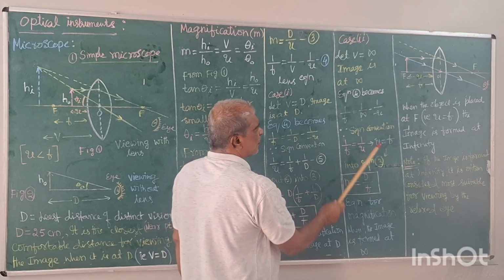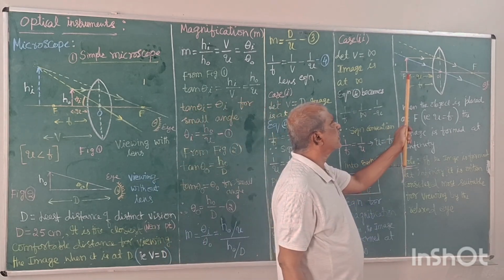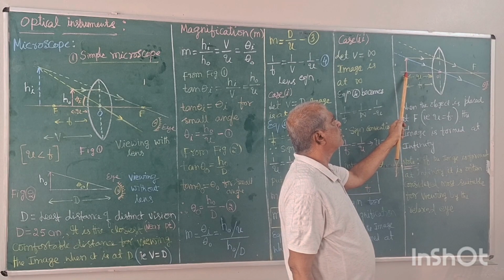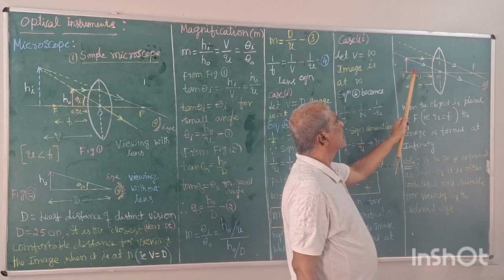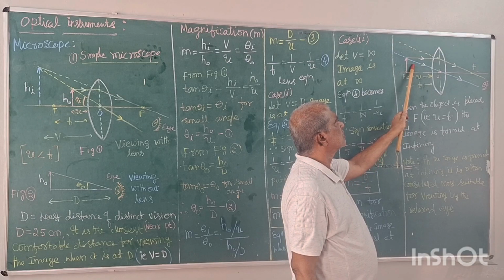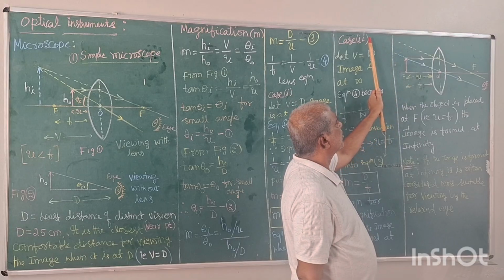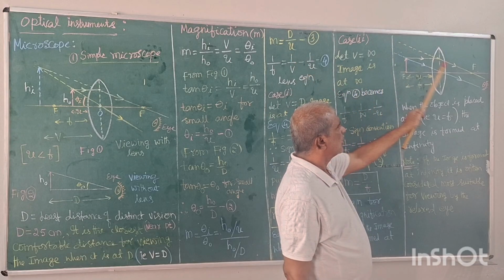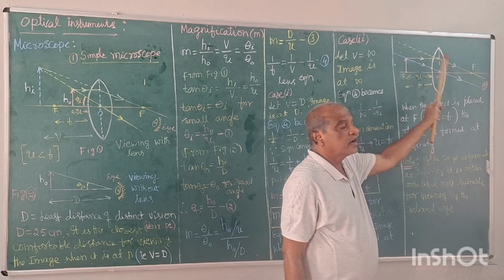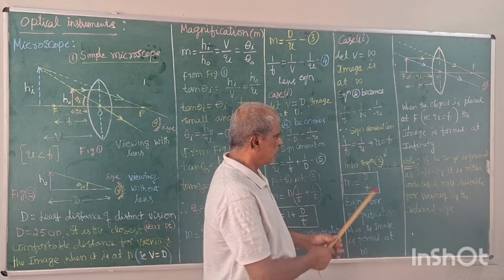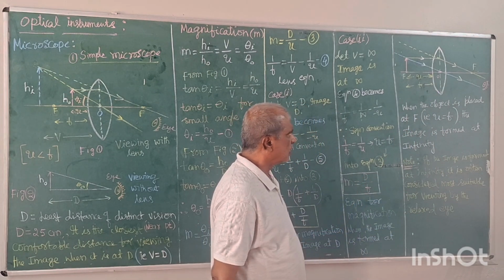So u equals f means the object is at the focal length. This is a diagram. If the object is at the focal length, the light rays neither converge nor diverge, they remain parallel, and the virtual image is at infinite distance. I can view that image even though it is at infinite distance. That is d by f.